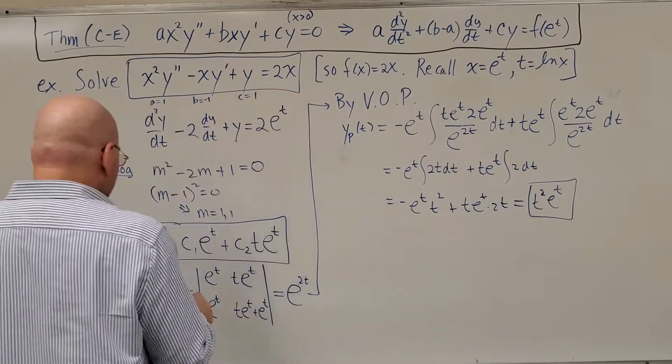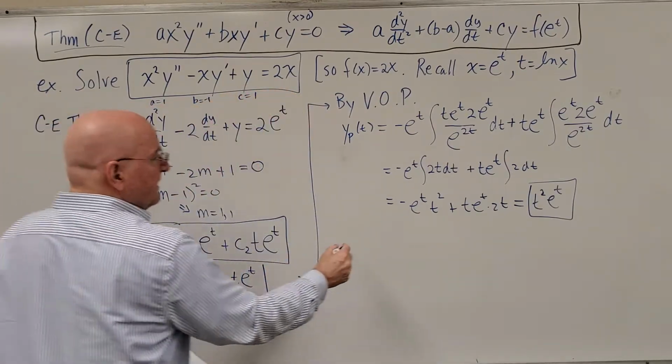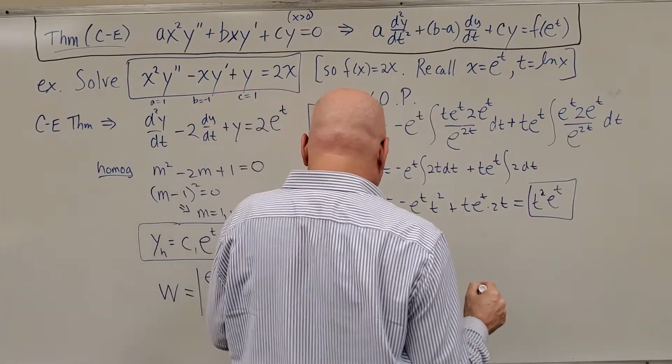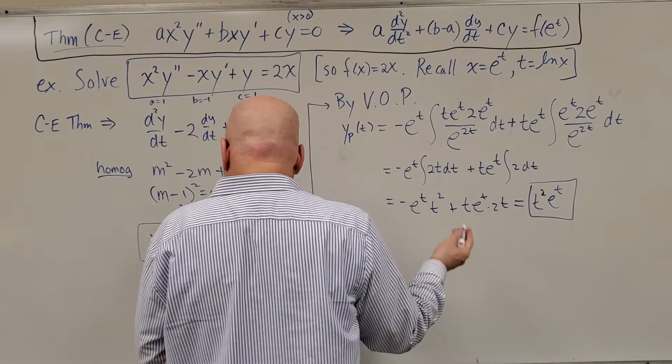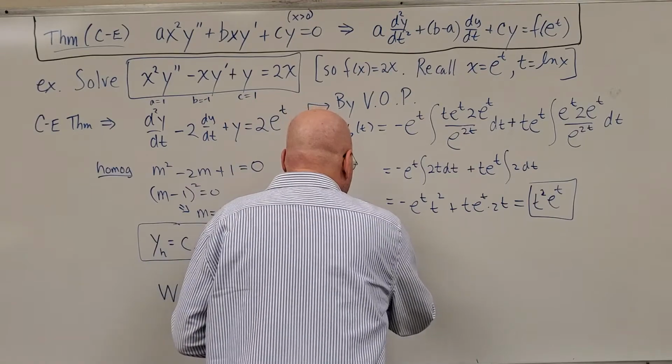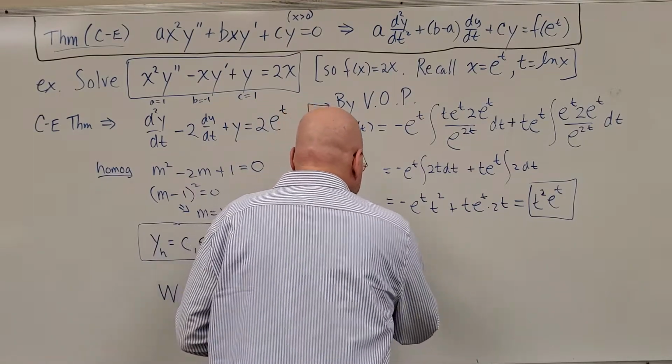So if we've got y_h, our homogeneous, we need to do some converting back, but let me go ahead and write the entire y in terms of t. Let's see.